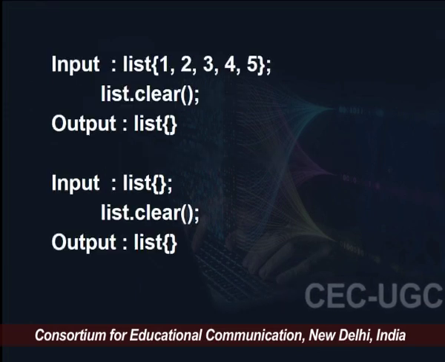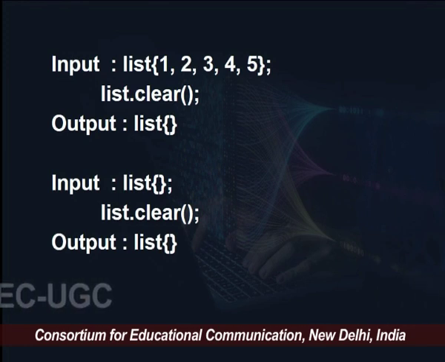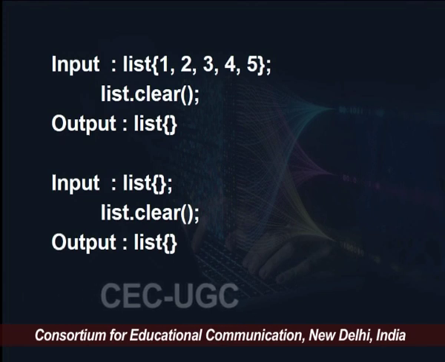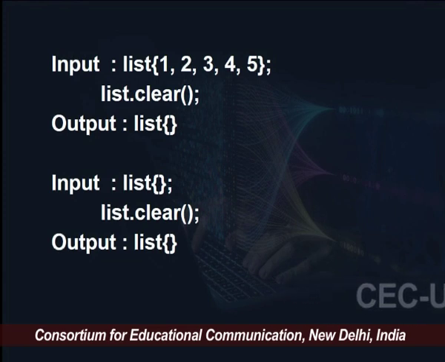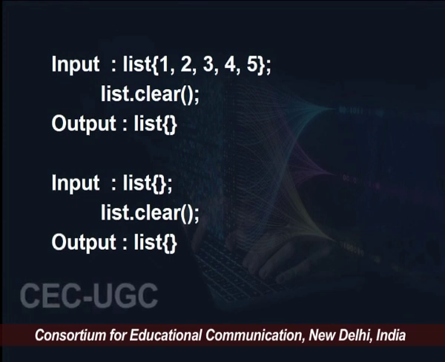So this will be the list dot clear function. Whichever list object we call clear on, that particular list is going to be cleared. So there is no need for parameters.